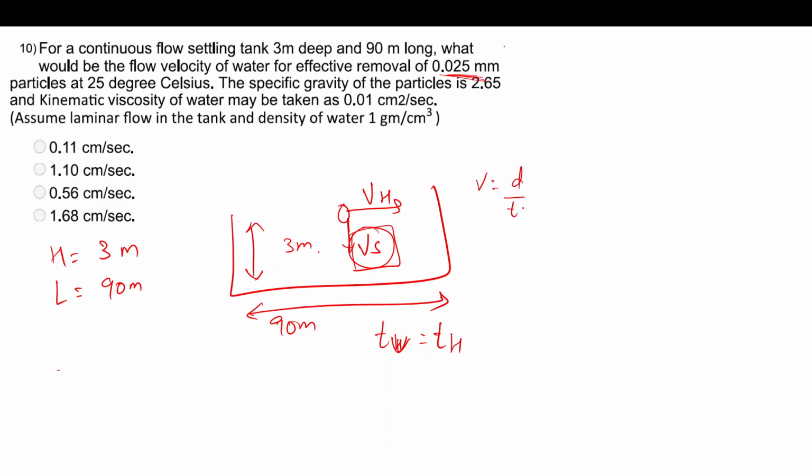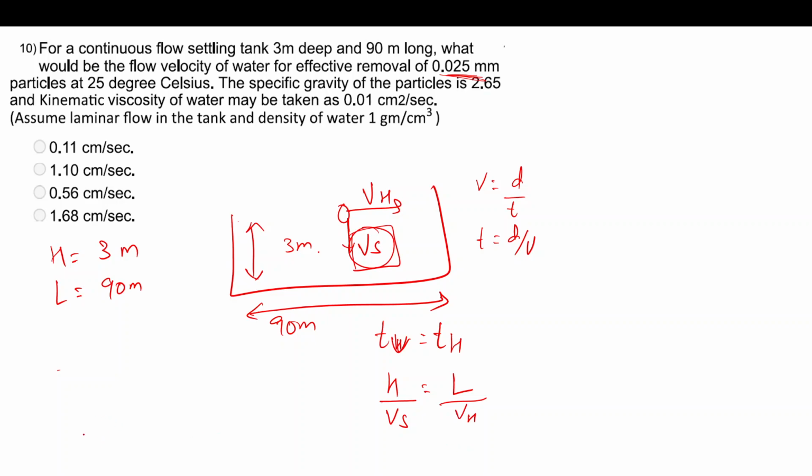Velocity is nothing but distance per unit time, so time is nothing but distance per unit velocity. Here vertically the distance traveled is h, so time is h by Vs, which is the settling velocity, and horizontally the distance traveled is L, the length, divided by the horizontal velocity Vh.